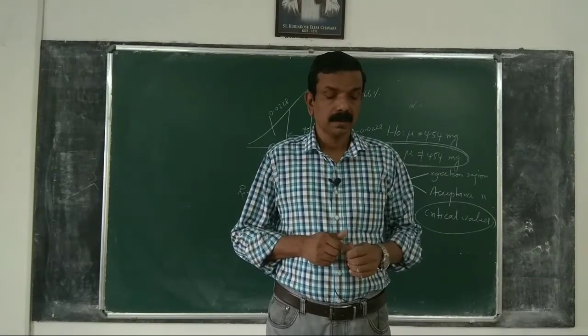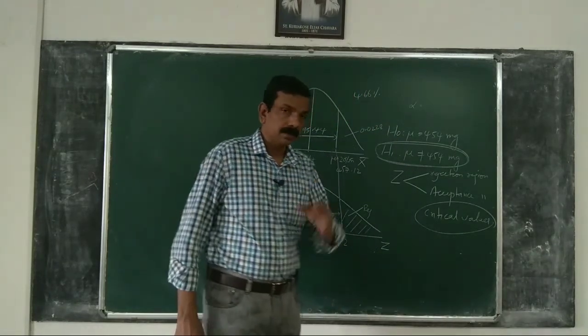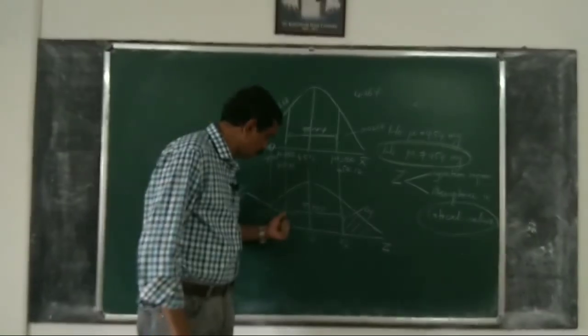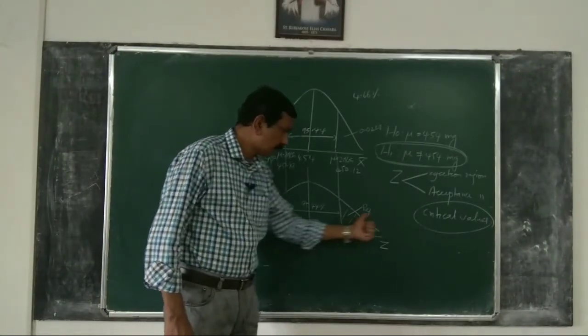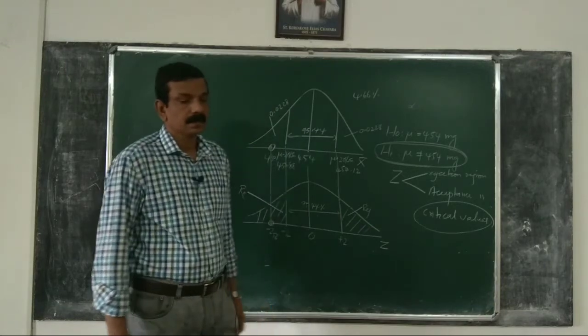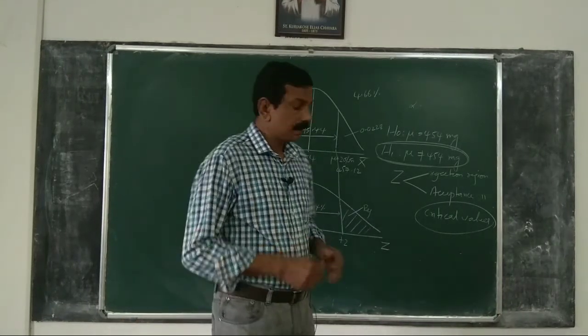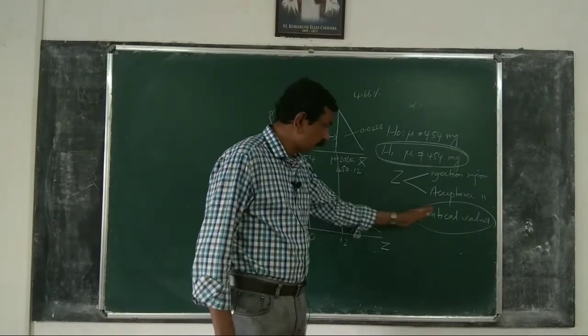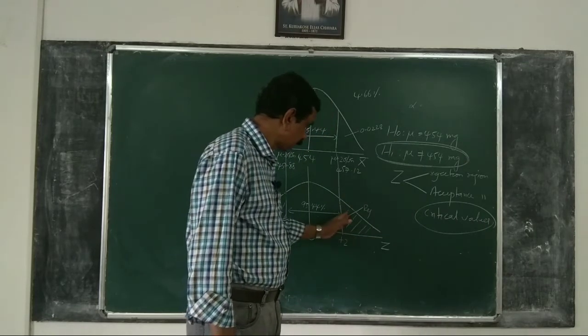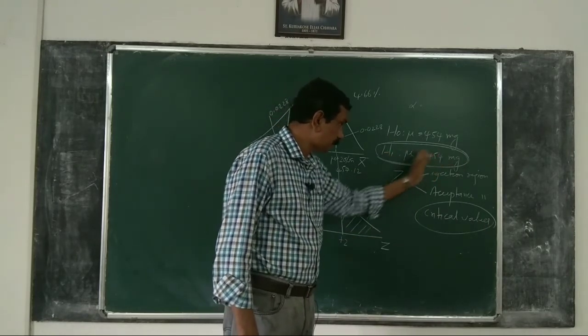So we have two rejection regions, one on the left and the other on the right. Such a test is known as a two-tailed test, if the alternative hypothesis is like this.